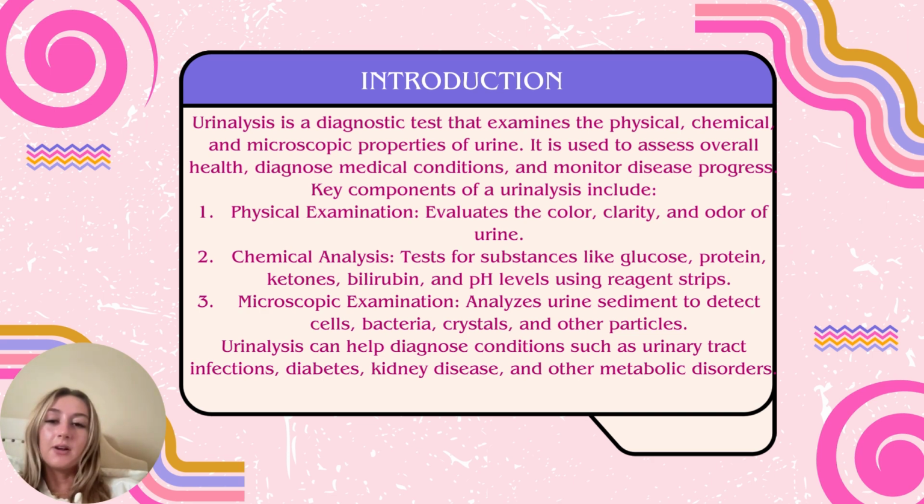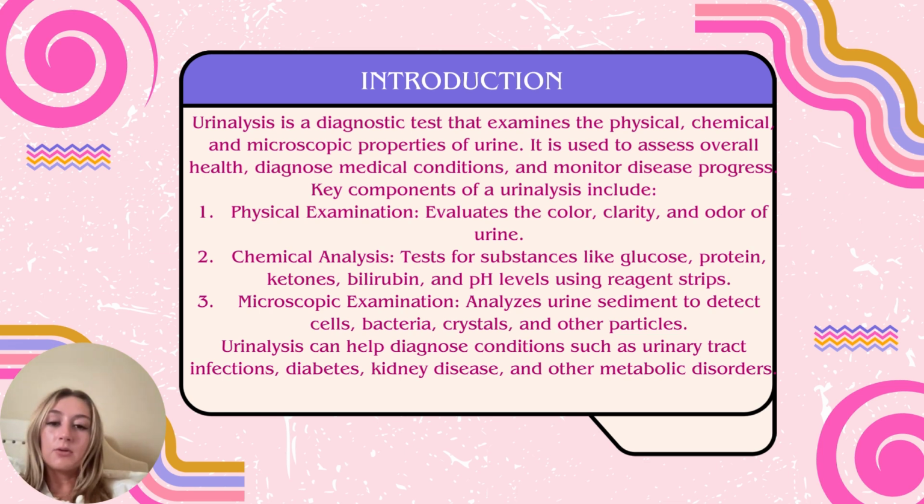So, to give a little introduction, urinalysis is a diagnostic test that examines the physical, chemical, and microscopic properties of urine. It is used to assess overall health, diagnose medical conditions, and monitor disease progress. Key components of urinalysis include physical examination, which evaluates the color, clarity, and odor of the urine.